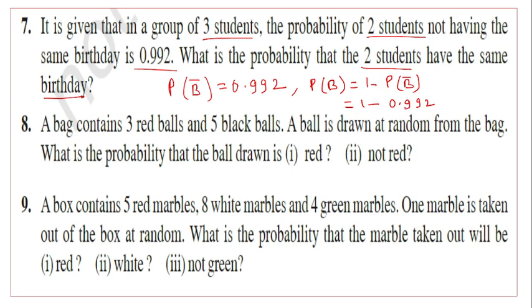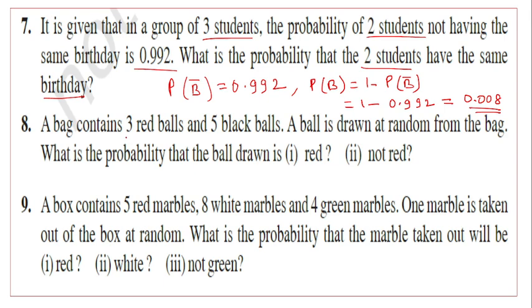So it will be equal to 0.008, which will be our answer.